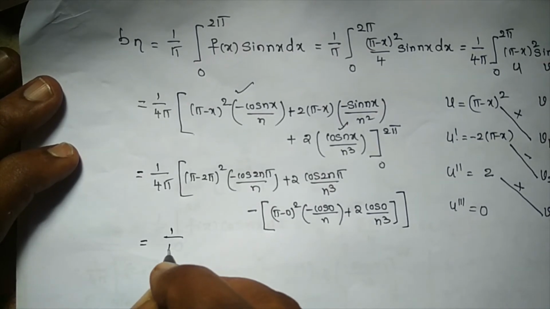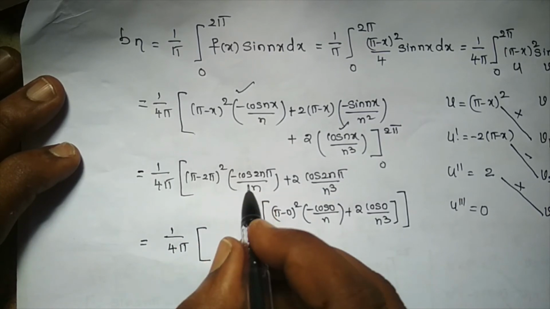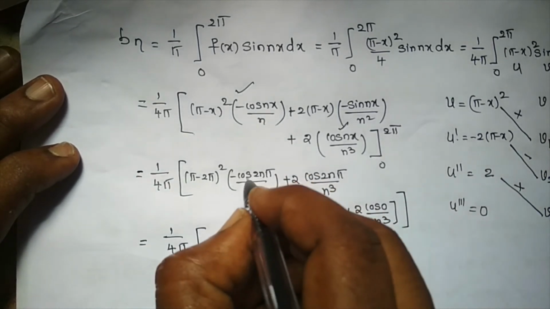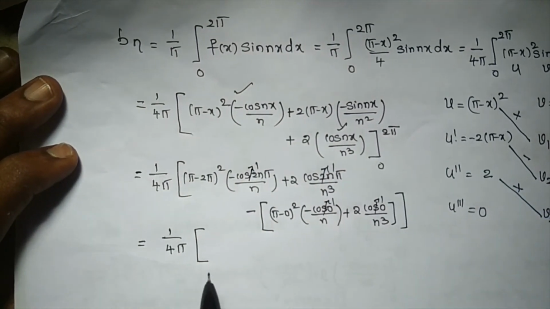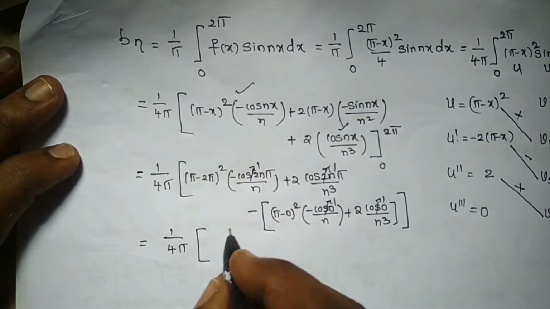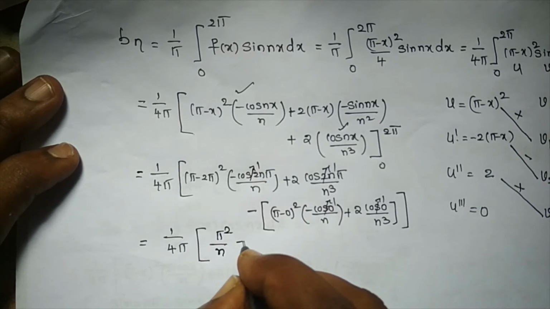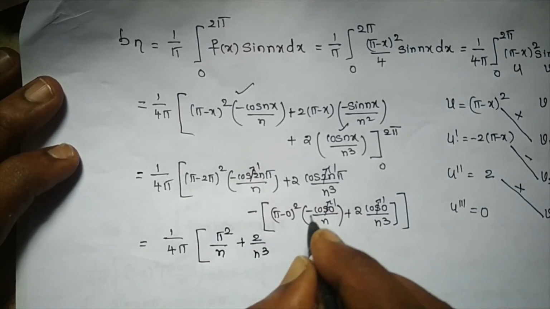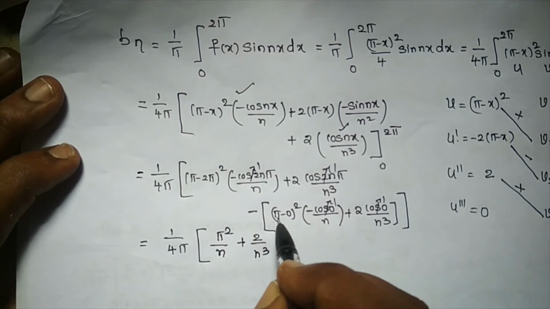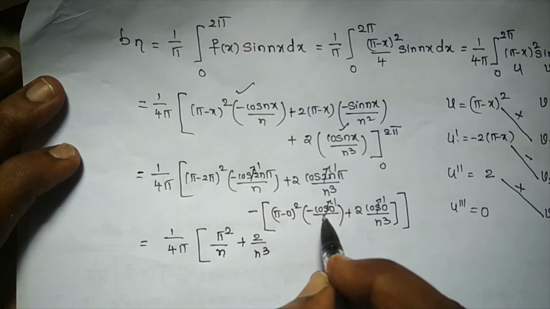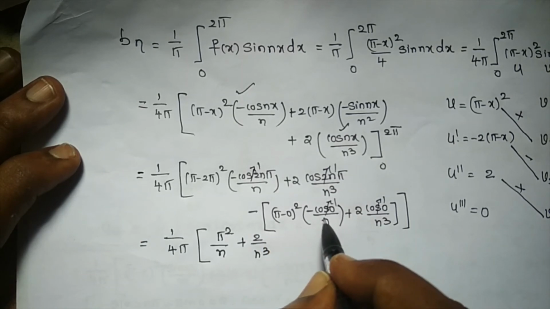Simplify this one: 1 by 4 pi into, this is minus cos 2n pi by n. This is 1, this is also 1. Cos 0 is 1, here also cos 0 is 1. So I think this is pi square by n plus 2 by n cube. For the second limit, minus is there, so minus cos 0.